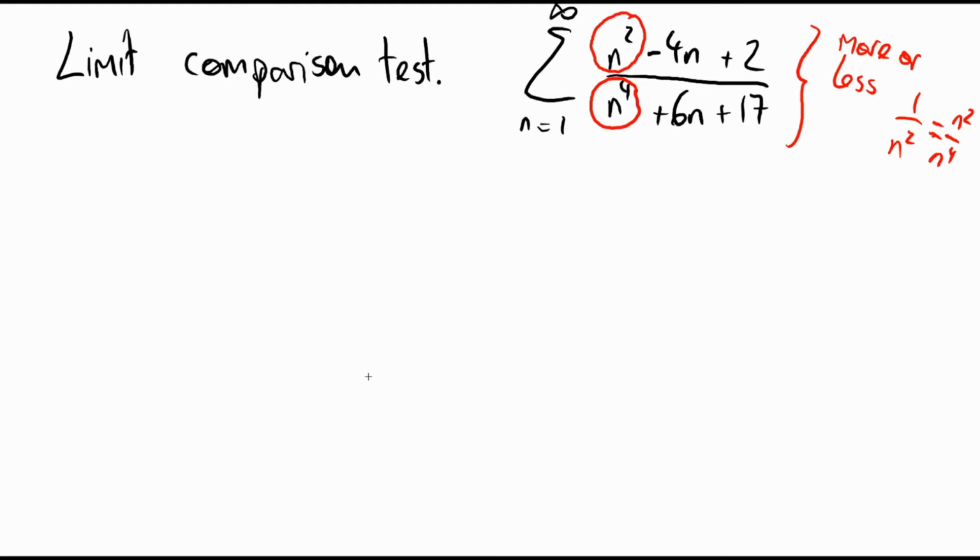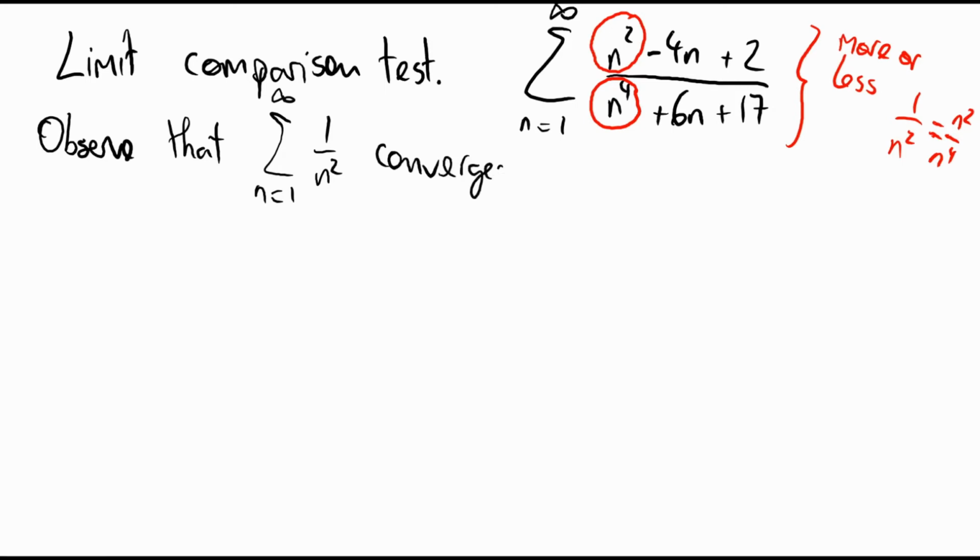And now, what we're going to do is a limit comparison with that. We're going to make a limit comparison between this series and 1 over n squared, and we're going to observe first that the series n equals 1 to infinity of 1 over n squared converges because it's a p-series. And it's a p-series with p strictly larger than 1, right?